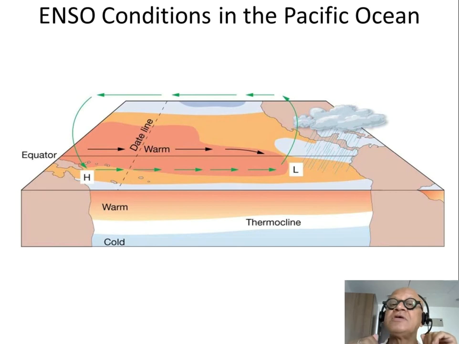The thermocline is deepened, and the warm water has basically been dispersed as opposed to being piled up in the west. But you can see in this cartoon that the convection, or the rising air and rainfall in the west, has also migrated eastward.